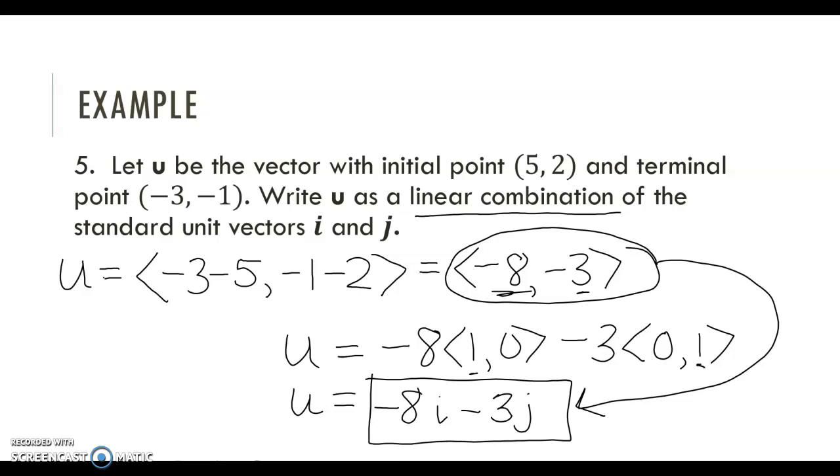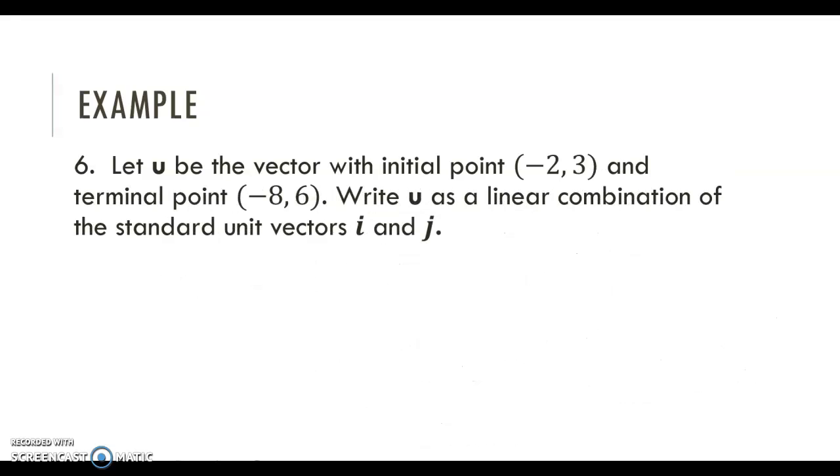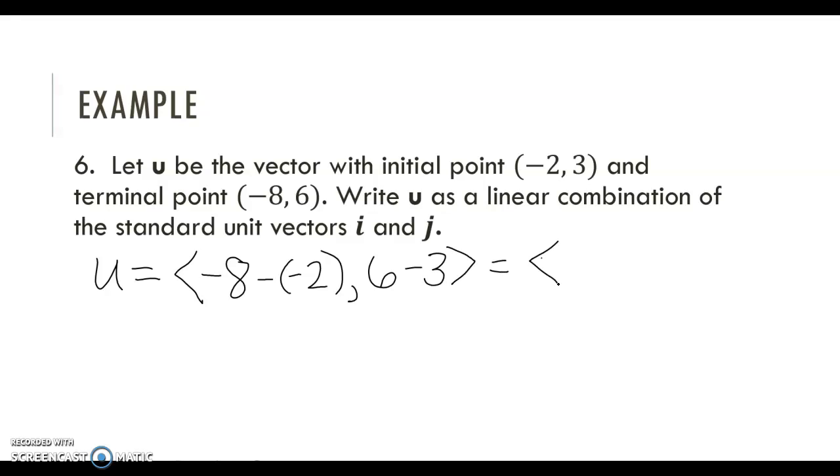Let's just do one more example like this to wrap up. So again, u is a vector with an initial point given and a terminal point given. We're going to write it as a linear combination of these unit vectors i and j. Let's find the component form first. So terminal minus initial, -8 minus -2, 6 minus 3 gives me the component form of -6, 3.